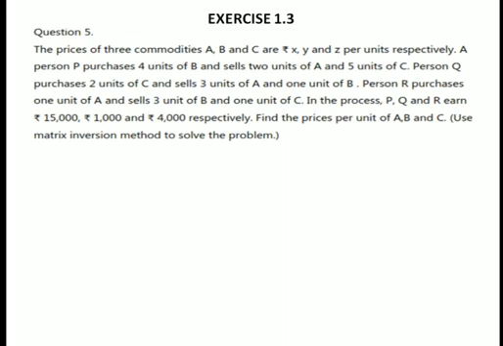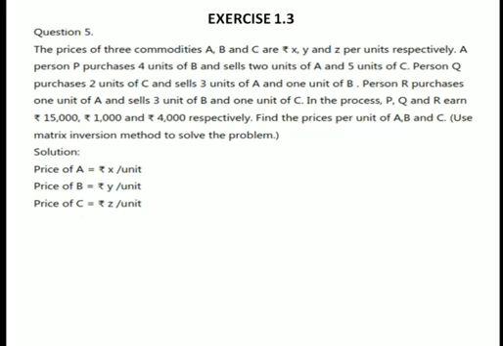Person P purchased 4 units of B and sells 2 units of A and 5 units of C. Person Q purchased 2 units of C and sells 3 units of A and 1 unit of B. Person R purchased 1 unit of A and sells 3 units of B and 1 unit of C. In the process, P, Q and R earn rupees 15,000, rupees 1,000 and rupees 4,000 respectively. Find the price per unit of A, B and C. Use the matrix inverse method to solve the problem.